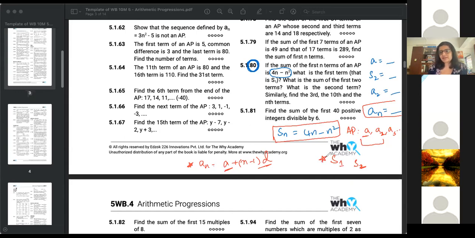You find out S1, you find out S2. Once you have S1 and S2, you'll be able to find A and D. And once you have A and D, you've figured out the whole AP, you can do whatever is asked with it. Okay.